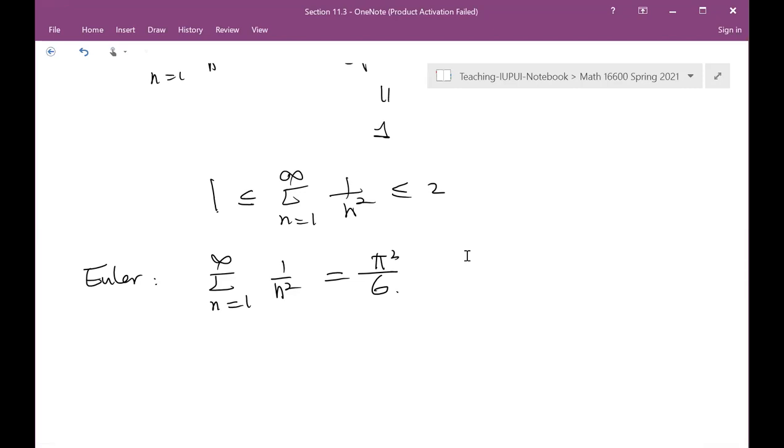If you check when he lived, it was a long time ago, 300 years ago. How did he figure this out? He must have used some other methods.